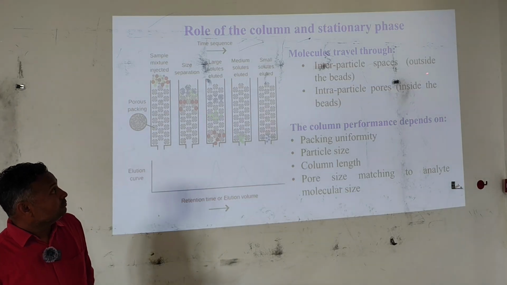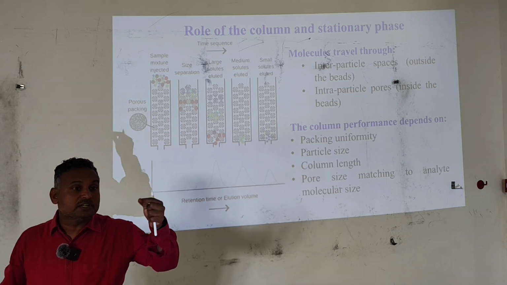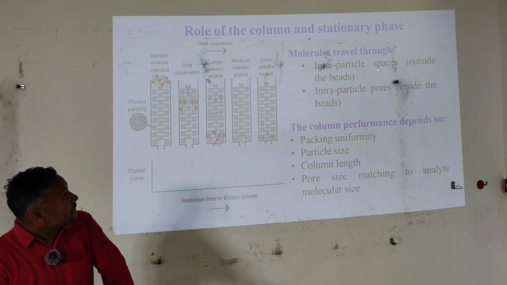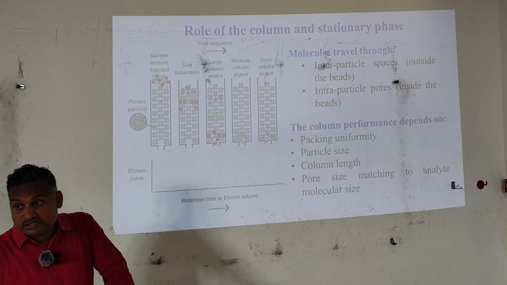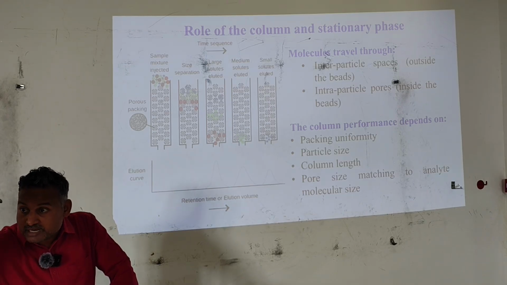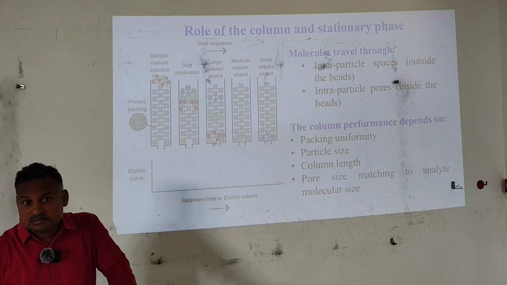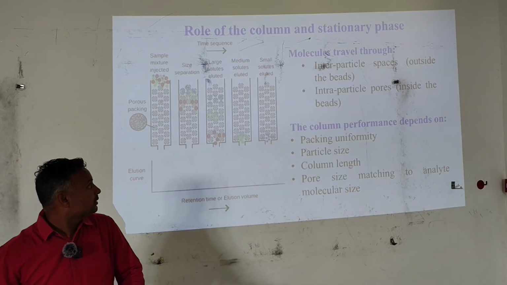Molecules travel through, and I already told you where they are distributing. Interparticle spaces, outside the beads, mostly the bigger ones, the large. Intraparticle pores inside the beads, mostly the smaller ones.